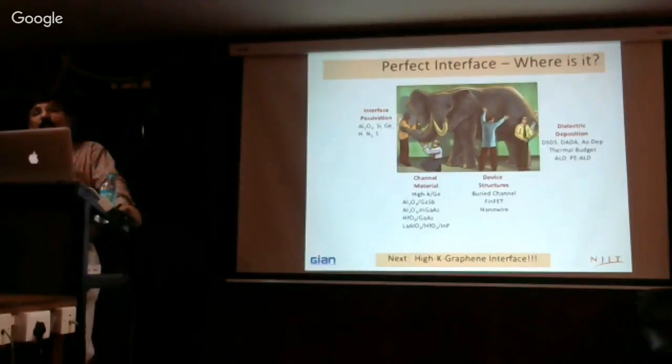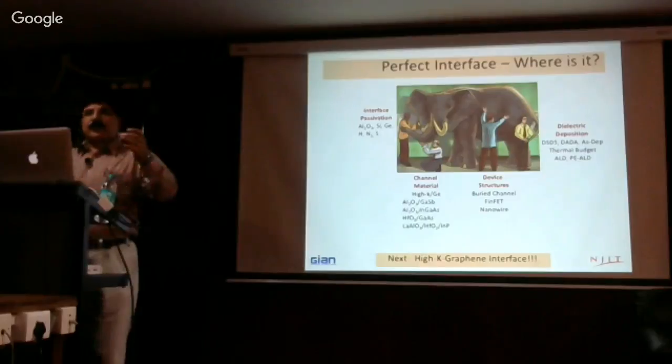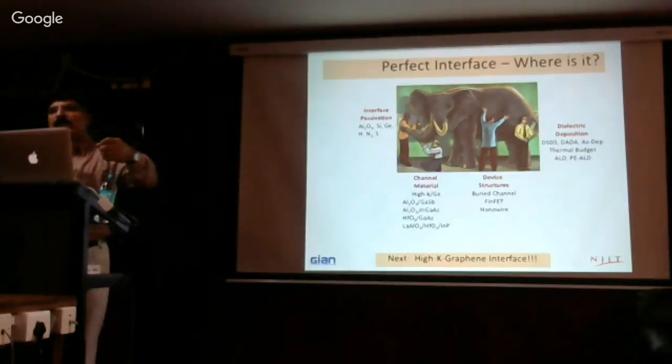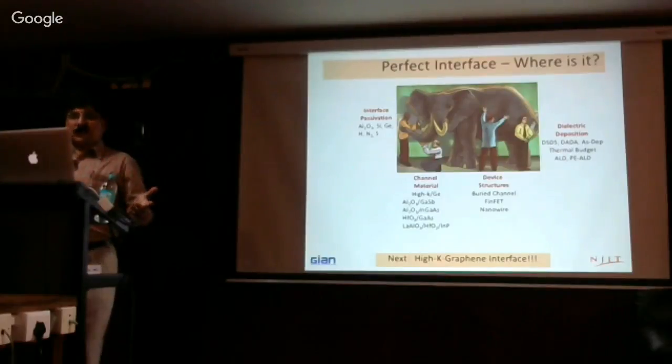The same thing happened, you might have heard many years ago, you were not born at that time, when high temperature superconductor material came up. Typically superconducting materials work at very low temperatures, but they could have the Cooper pairs working at room temperatures.